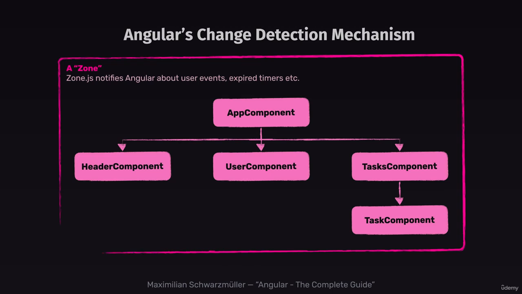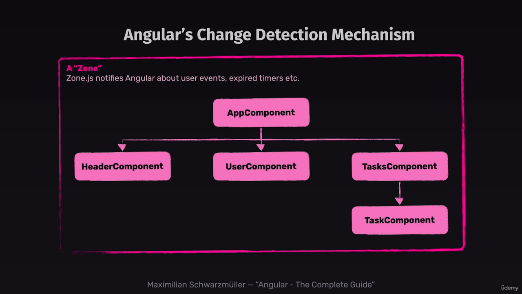Because there, when not using signals, Angular uses a sub-package called zone.js to create so-called zones around your components, which in the end is simply an invisible grouping mechanism set up behind the scenes by Angular, where it listens for all kinds of events that could trigger state changes, so data changes that should affect the UI.